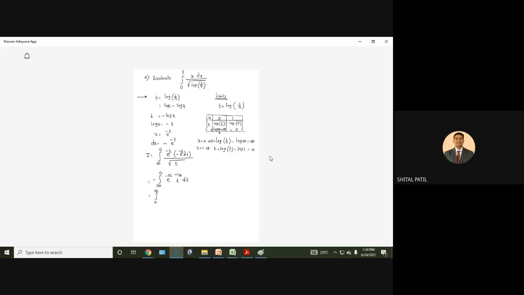Change the order of integration. This is the formula. Gamma n divided by k raised to n or n plus 1?